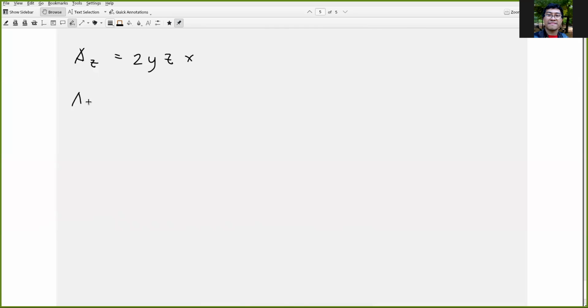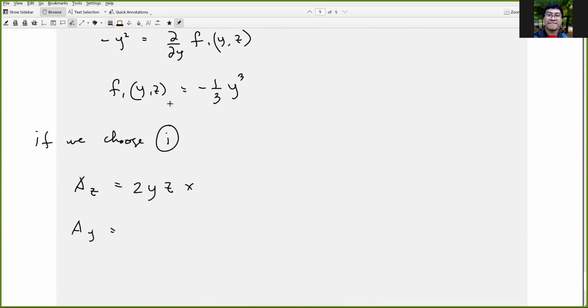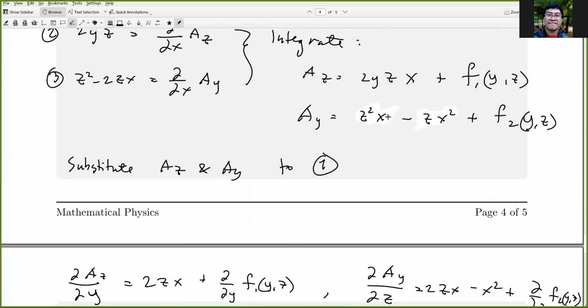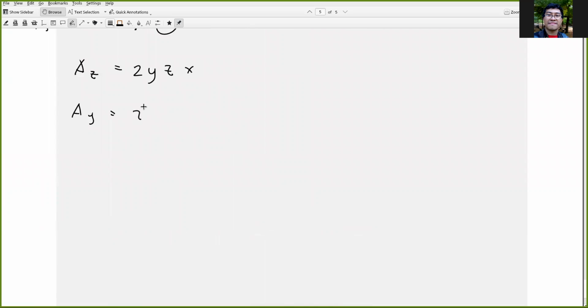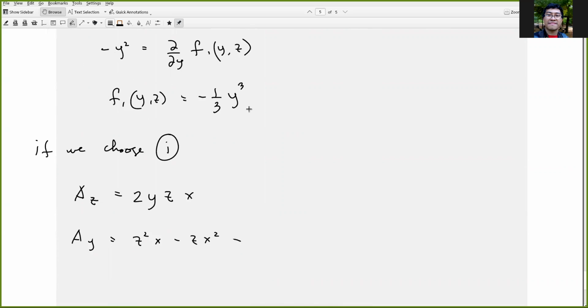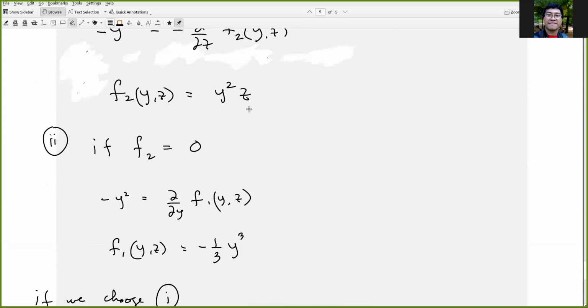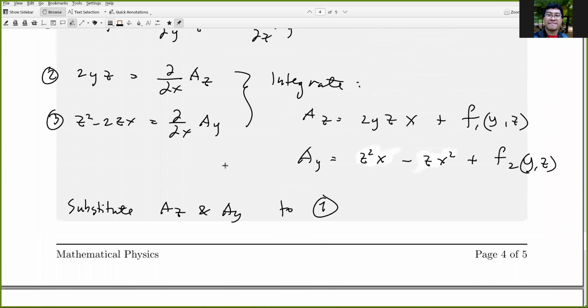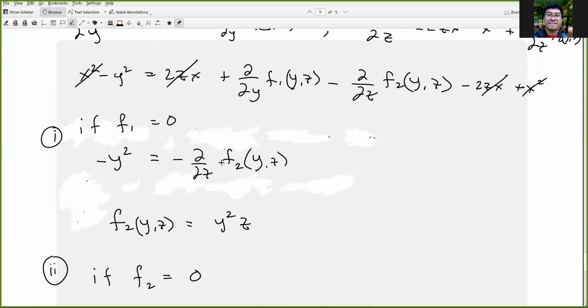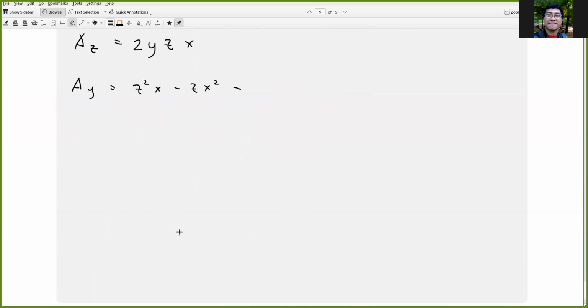And ay, that would be z squared x minus zx squared plus y squared z plus f2. f2 is y squared z.